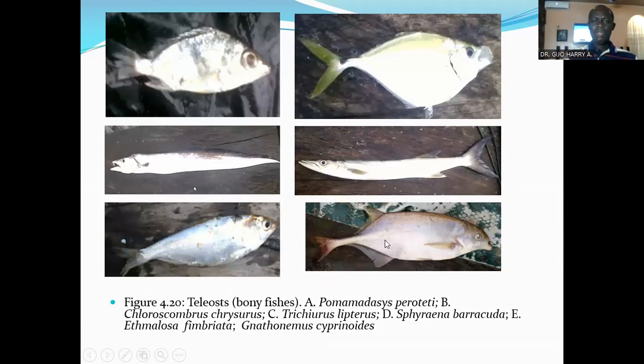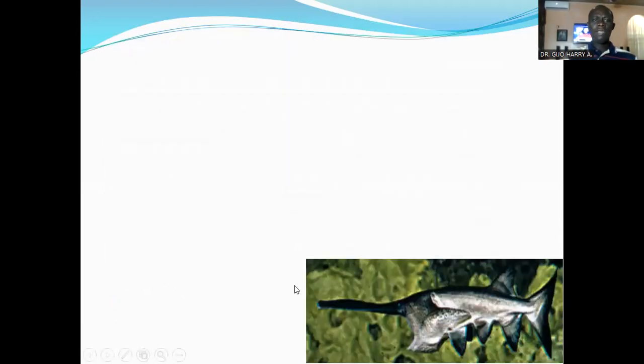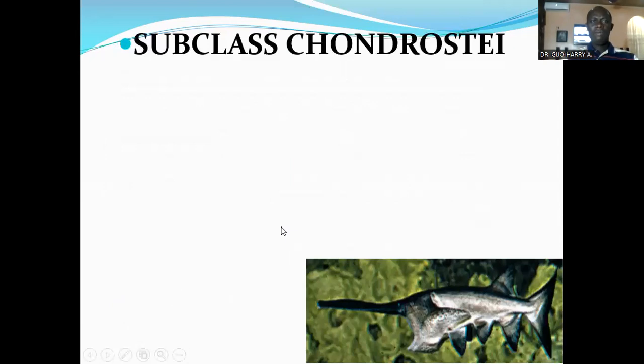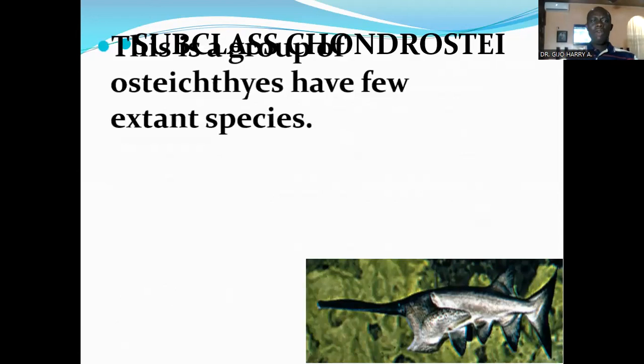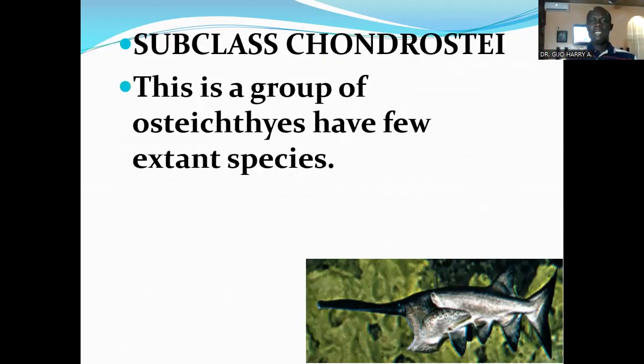And this one was collected from the River Nun, also in Nigeria. Now, here is another class we want to discuss, the subclass Chondrostei. This group of Osteichthyes have few extant species.